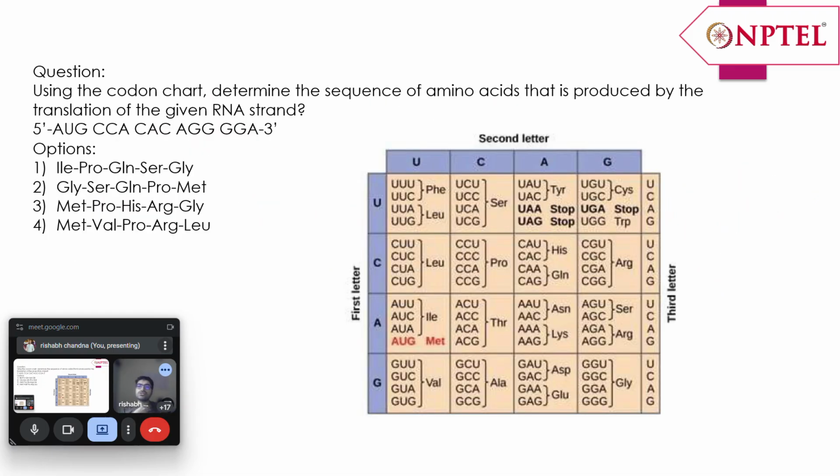Using the codon chart given below, determine the sequence of amino acids that is produced by the translation of the given RNA strand. So what can be the correct answer? Okay, any more answers?